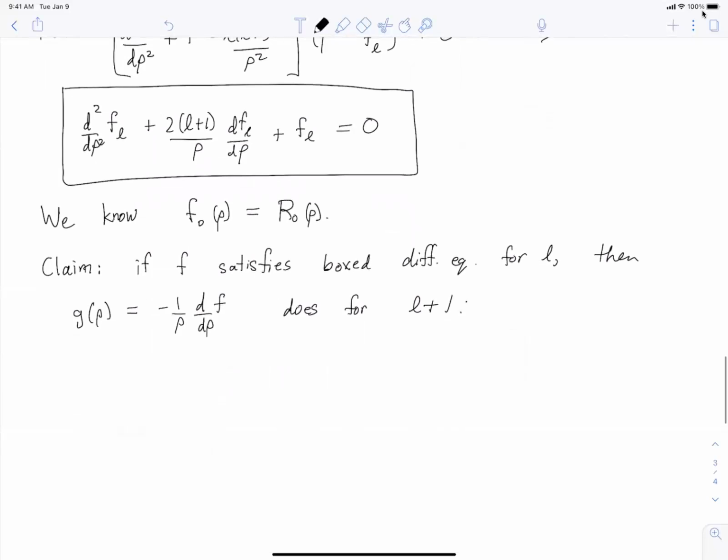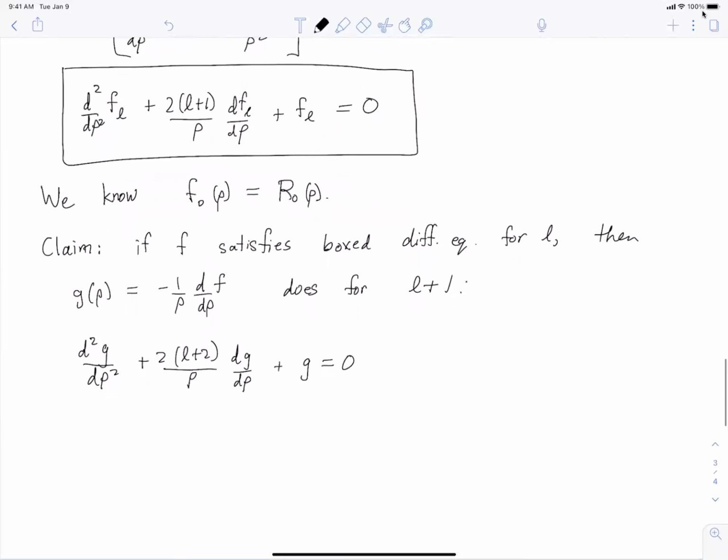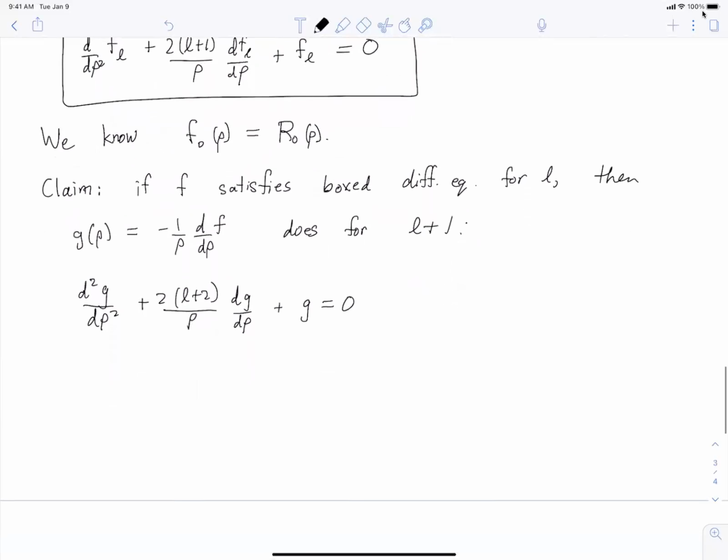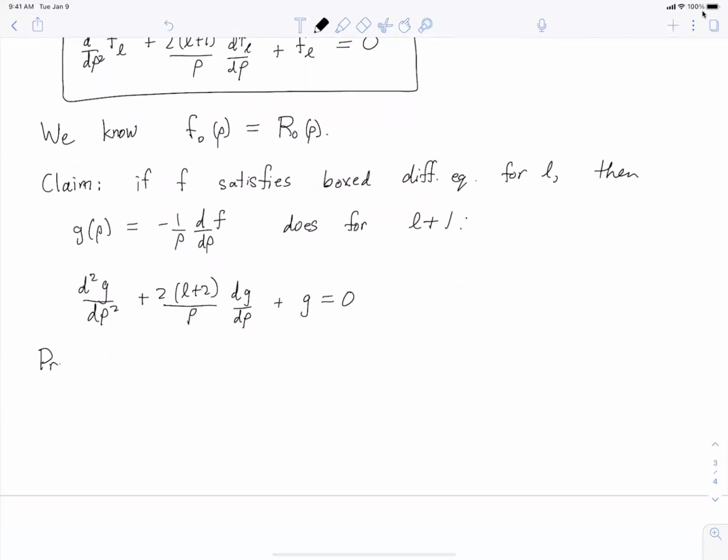Okay, and so what does that mean? More specifically, the differential equation satisfied by g is second derivative plus 2, and instead of L plus 1, I'm going to write L plus 2, because that turns out to be right. Okay, and so that's the same equation with L plus 1 replaced by L plus 2, or L replaced by L plus 1 equivalently. So I'm not going to give the detailed proof of this.